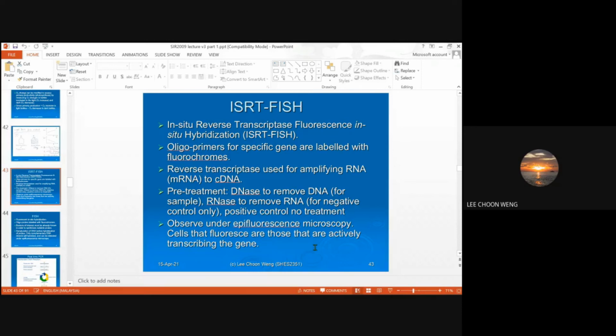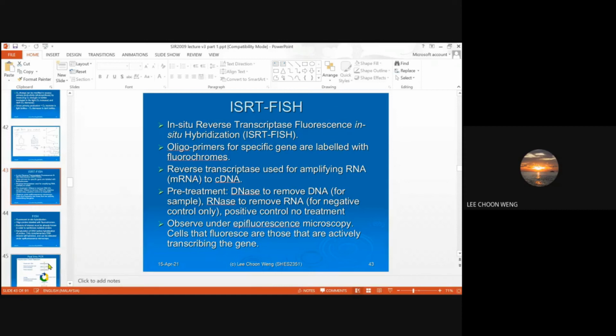Okay. That will tell you whether the gene is being actively transcribed in the population of bacteria that you're studying. However, FISH and RT-FISH are very tedious approaches, a lot of techniques to handle.